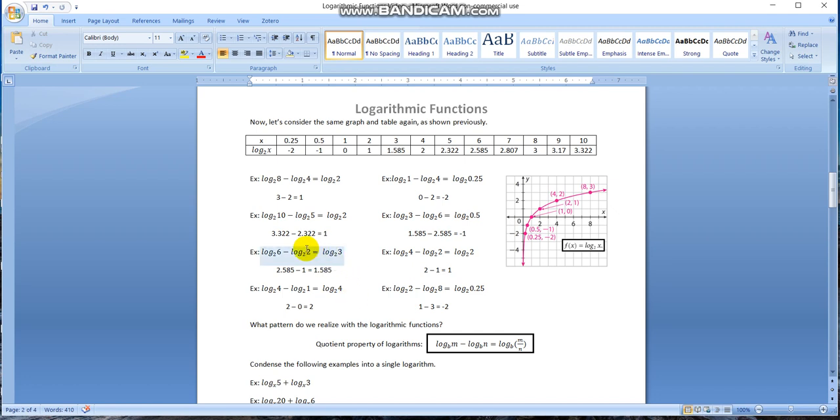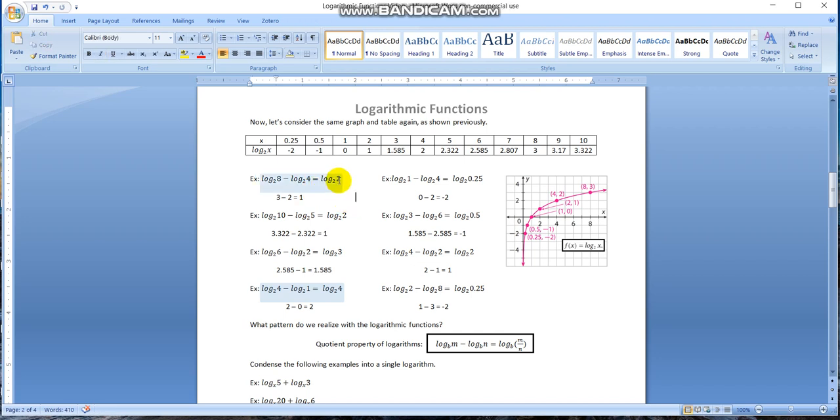But if you guys noticed, if you're subtracting logarithms, so 6 divided by 2 equals 3. And if you see here, 4 divided by 1 equals 4. Or in other words, the top one, 8 divided by 4 equals 2.